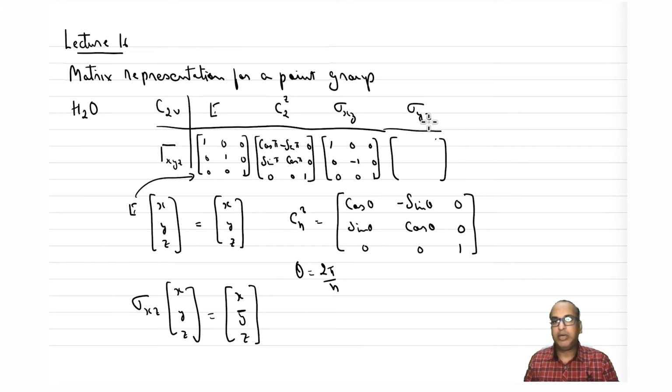Similarly in the case of sigma yz, x will be negative, 0 1 0, 0. So this is a very straightforward way of writing a representation in terms of a matrix where we are using the orthogonal coordinate system as our basis sets, right? And fortunately, our symmetry operations are lying along those axis systems.